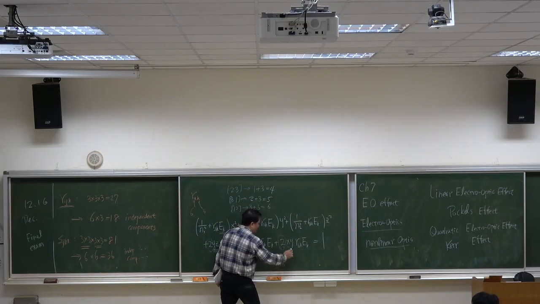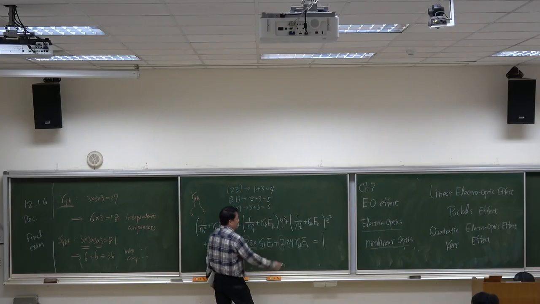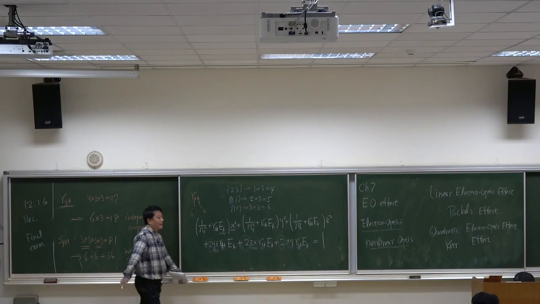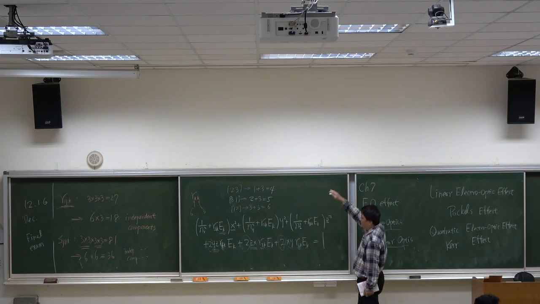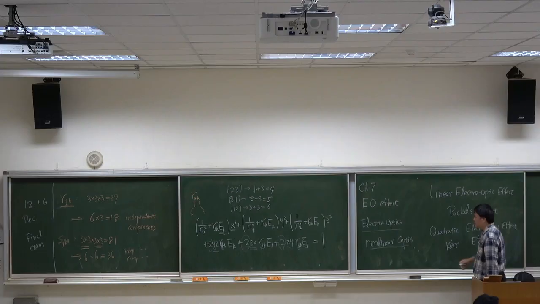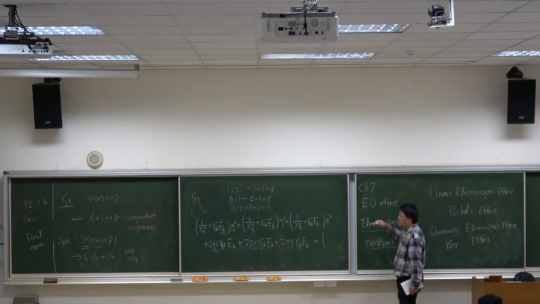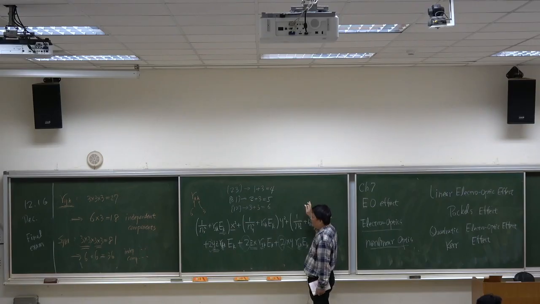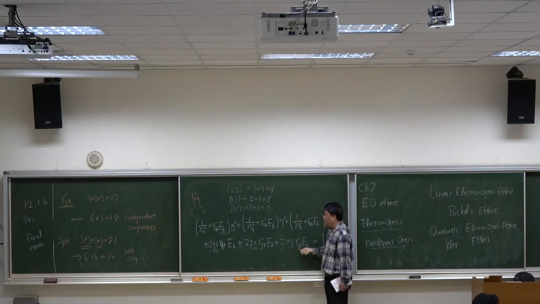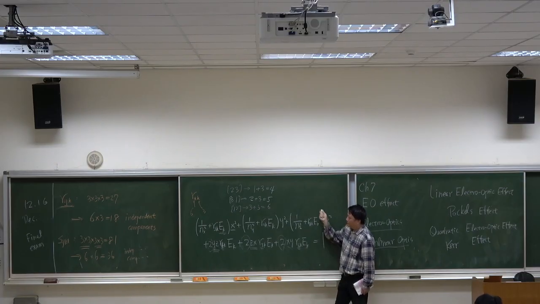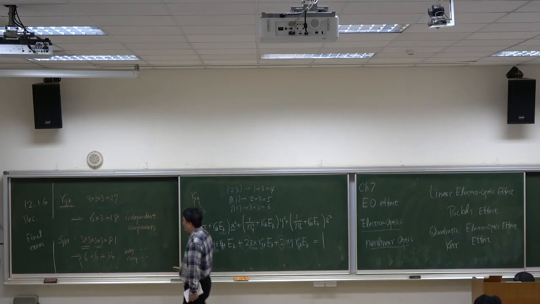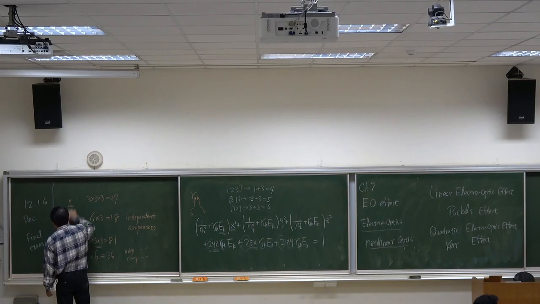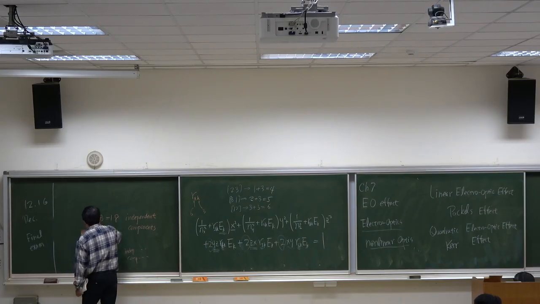So factor 2 and 6 and the sum over k. 好，所以我们的线性 EO effect 的新的 index ellipsoid 在加电场的时候就长这样。So in general, for linear EO effect, we have the modified index ellipsoid look like this. And now we study some specific examples.